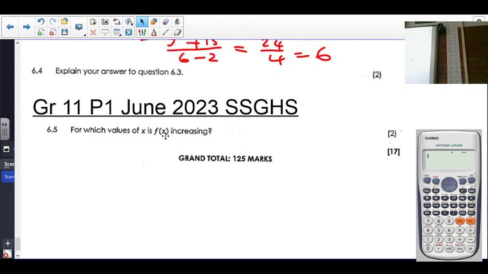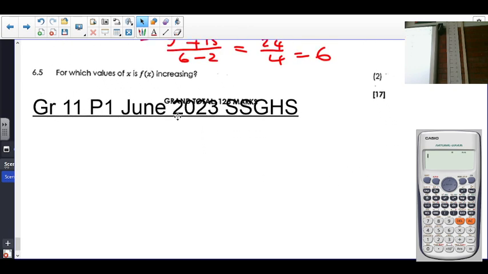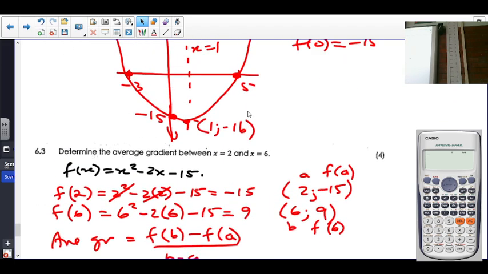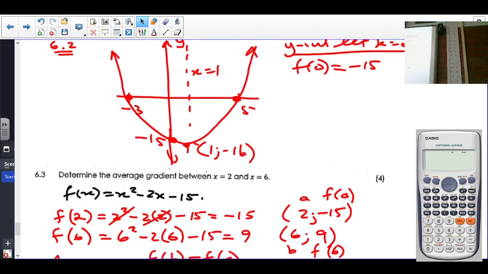Okay, and then the last question, 6.5, we are told for which values of x is f of x increasing. So the parabola will increase if and only if, as x increases in that direction, the value of the graph must also increase. So as you can see here, coming from the left, the graph is increasing or decreasing?